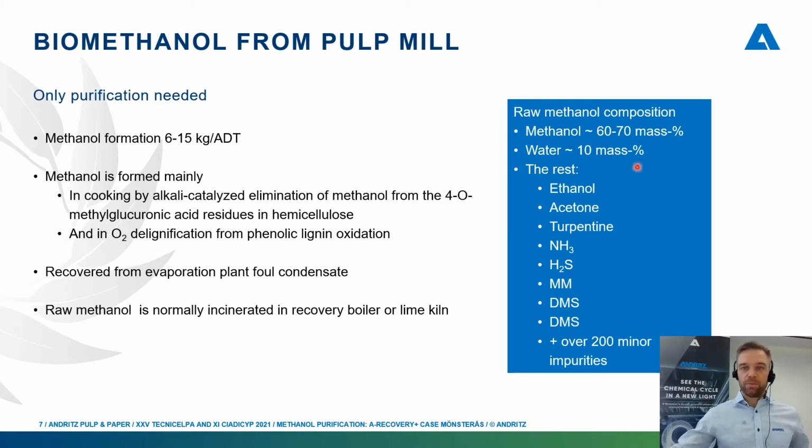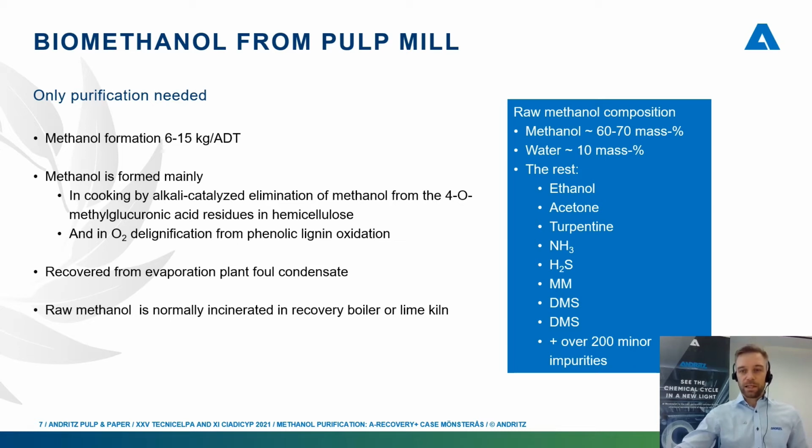And here you can see the typical raw methanol composition. It's very dirty. It has, first of all, quite a high amount of water, but also a big variety of other impurities such as sulfuric compounds, ammonia, and alcohols, and of course turpentine in softwood mills. And as such, you can only use this raw methanol to be incinerated either in a recovery boiler or in a lime kiln.